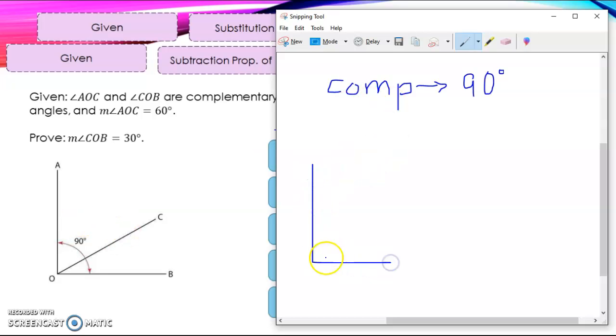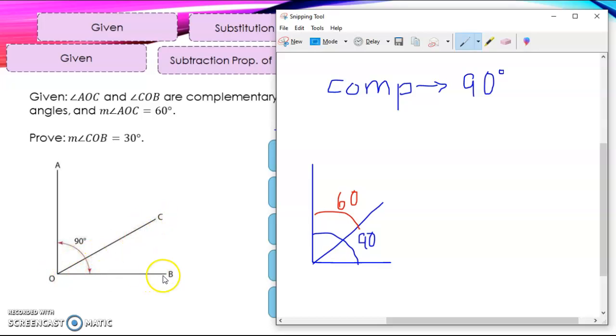Maybe it's helpful to draw the diagram in your scratch work, since these problems will be on a computer. So that full angle is 90. Use a different color to show that this smaller angle is 60. And we're trying to prove that COB is equal to 30.